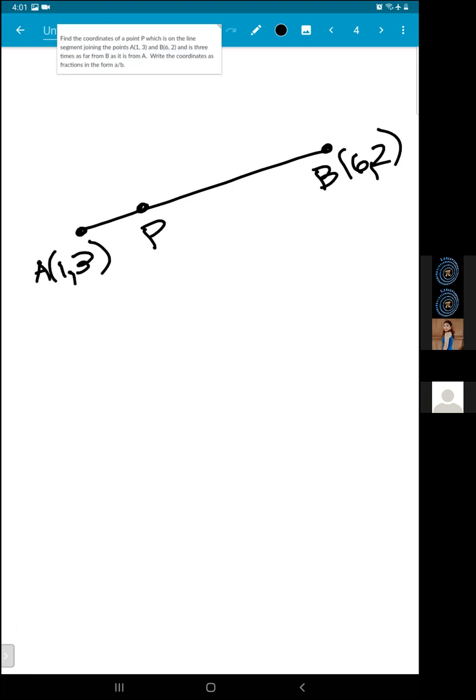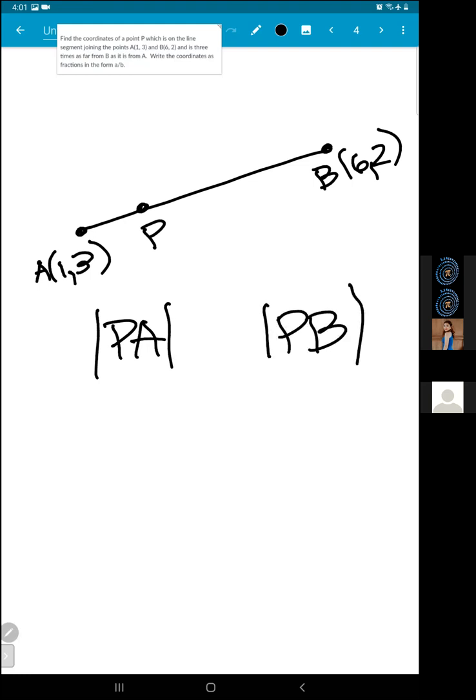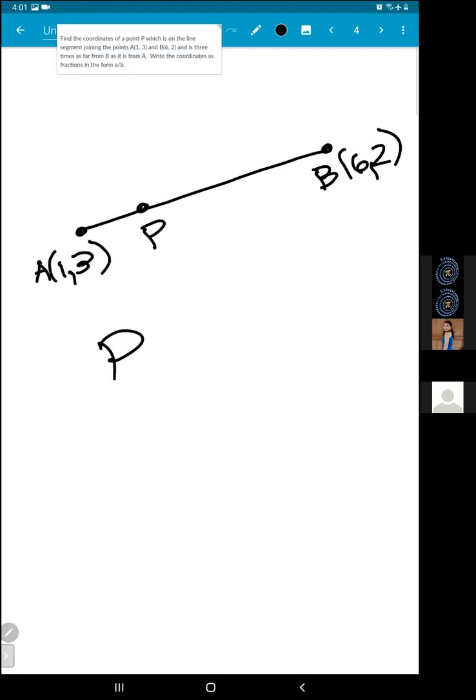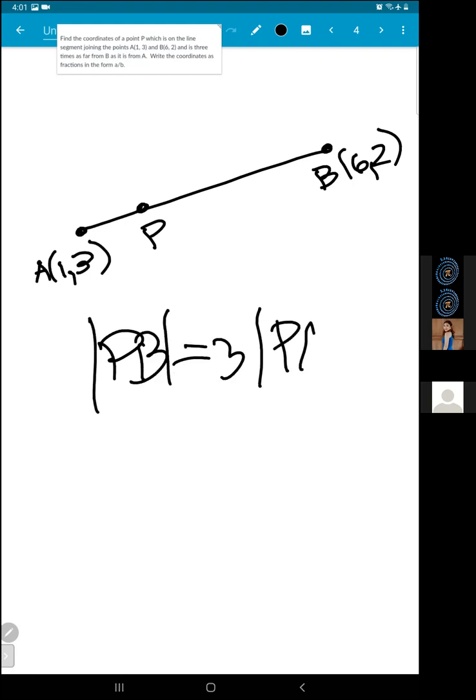PA is the distance of P from A, PB is the distance of P from B. So it states that it is 3 times as far from B as it is from A. Correct?